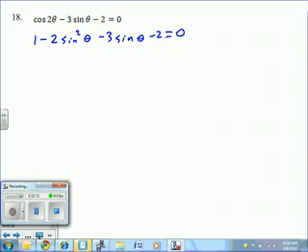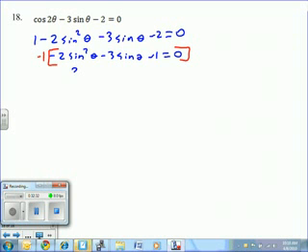And then we're going to put our like terms together. This 1 in the front and the negative 2 in the back there. Okay, then if you all wanted to use your ACT program, you could go ahead and do that from here. Since I'm not using the calculator, I would multiply by negative 1 to get my first term positive.